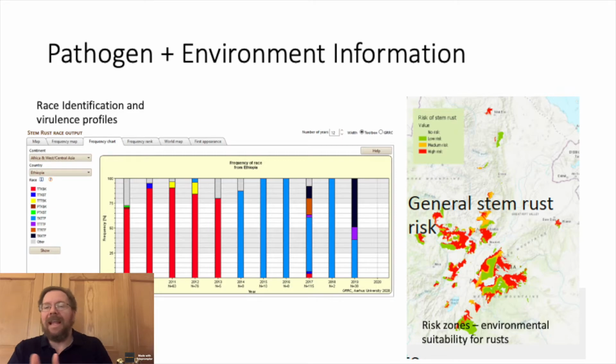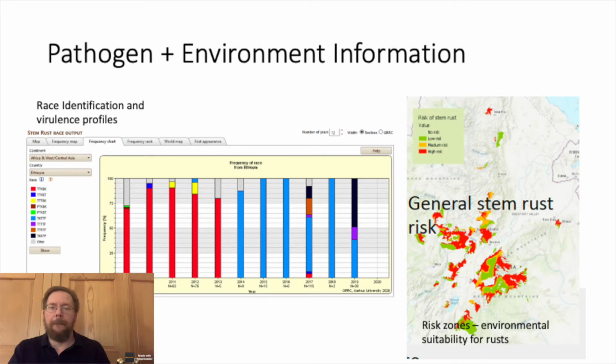This shows that in any given year, a different race may be more of a threat than in a previous year. In the image to the right, we see a visual of areas where rust is more likely to occur because of the weather, soil, and other conditions. Only because of all the monitoring and surveillance efforts are we able to collect this information and do this.